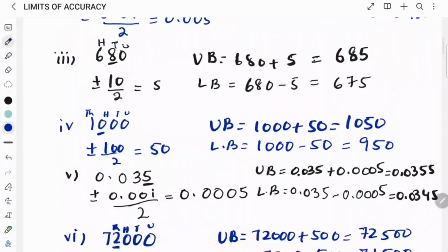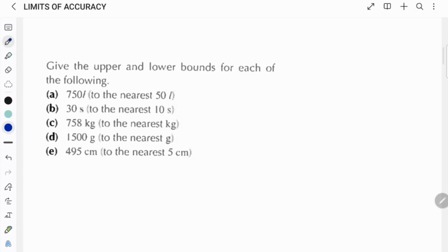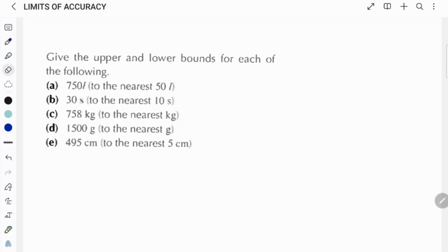Now the next question: give the upper and lower bounds of each of the following. Part A is 750 liters to the nearest 50 liters. It's already corrected.